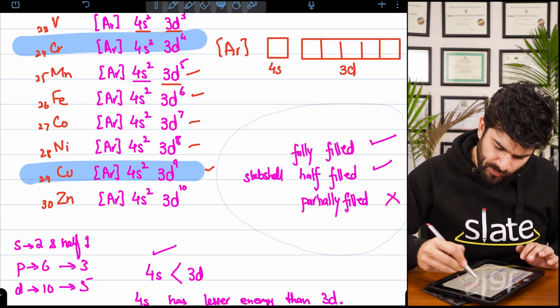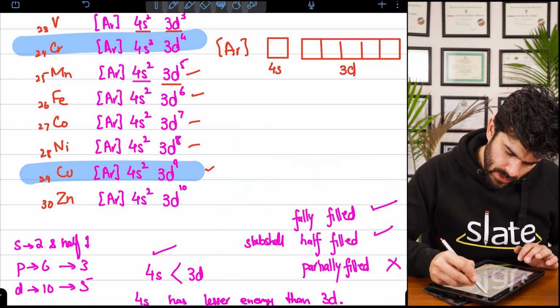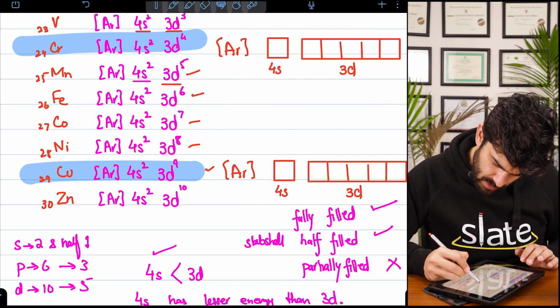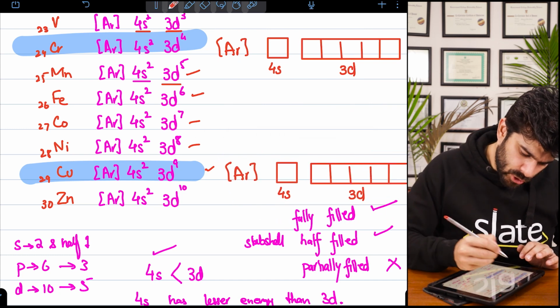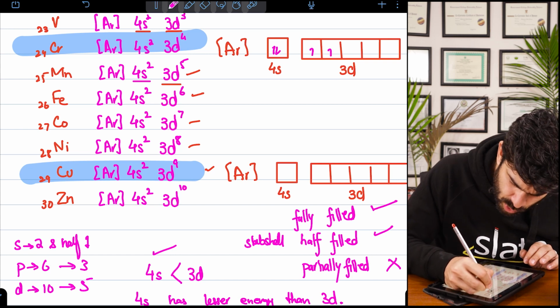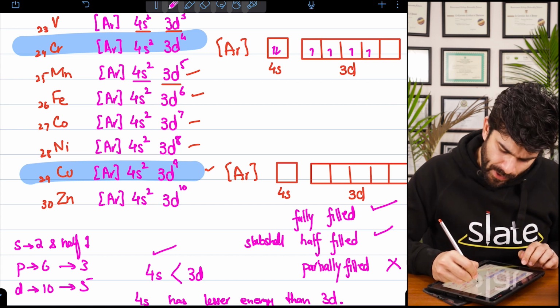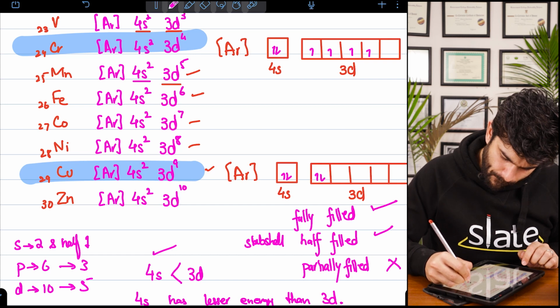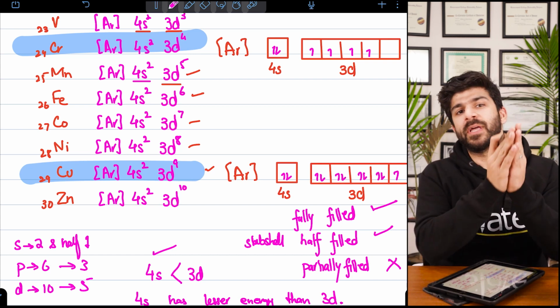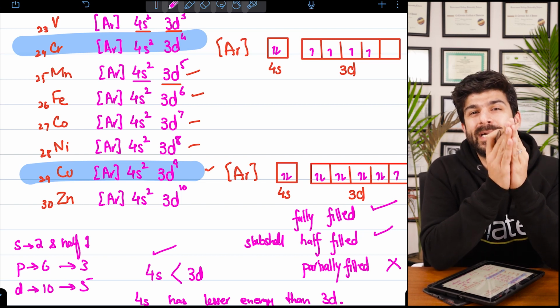So in the case of chromium, let me copy it for copper as well. Yeah. So in the case of chromium, we have 4s2, 1, 2, 3, 4. In the case of copper, we have now both of them have partially filled d orbital.